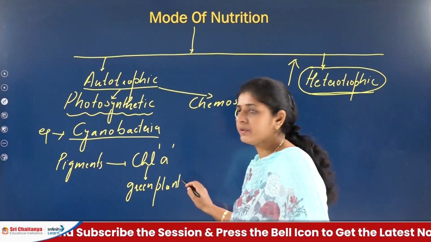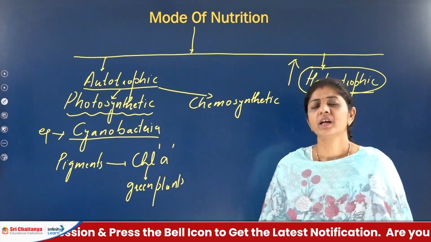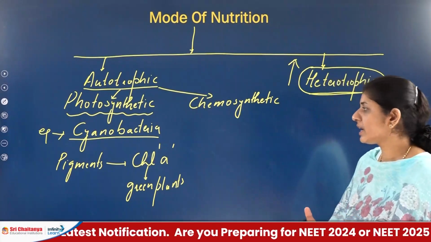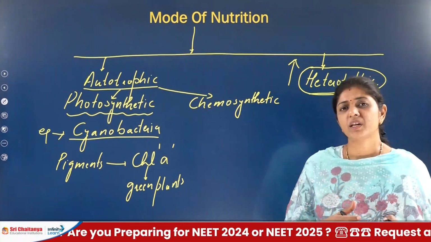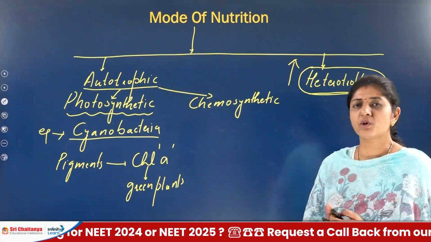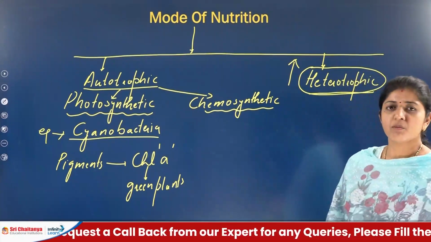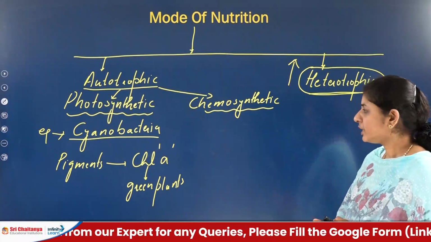That's why this concept we can understand: cyanobacteria are photosynthetic due to the presence of this pigment. Now coming to the chemosynthetic mode of autotrophic nourishment.